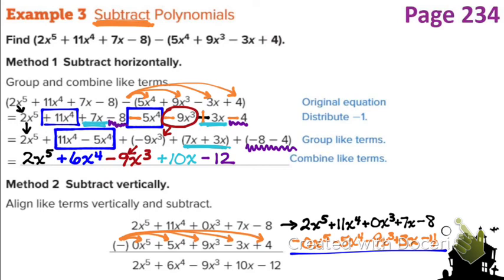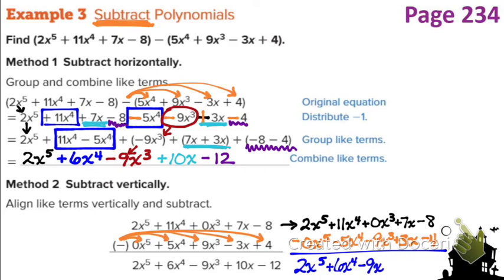Guys, if you don't remember to distribute that negative, I can almost guarantee you'll make a sign mistake somewhere. You'll forget to subtract something. Distribute your negative, add your columns up. 2x to the 5th minus no x to the 5ths stays 2x to the 5th. 11x to the fourth minus 5x to the fourth? 6x to the fourth, and it's a positive. 0x cubed minus 9x cubed.